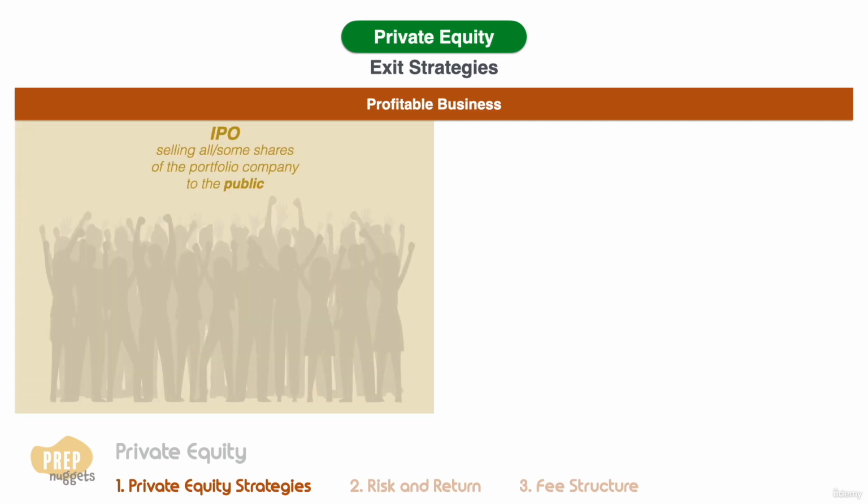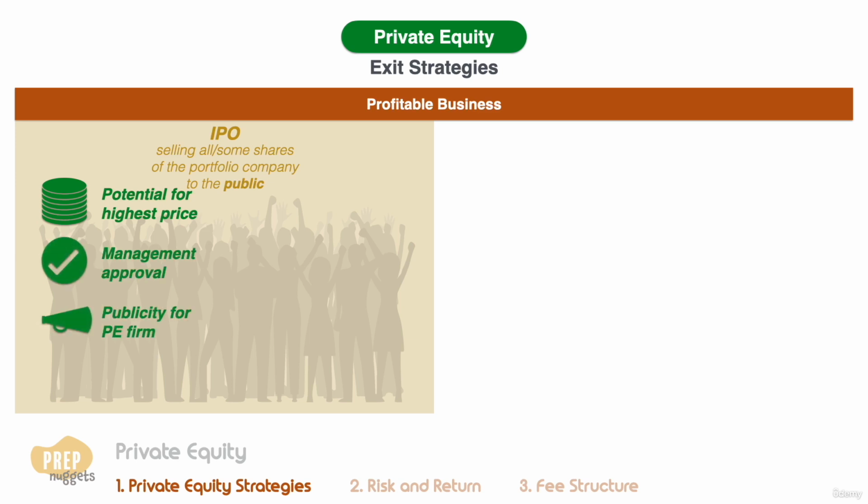IPO is a well-known approach which involves selling all or some shares of the portfolio company to the public. Advantages include potential for the highest price, management approval since they are retained, publicity for the private equity firm, and future upside potential as the private equity firm may choose to remain a large shareholder.